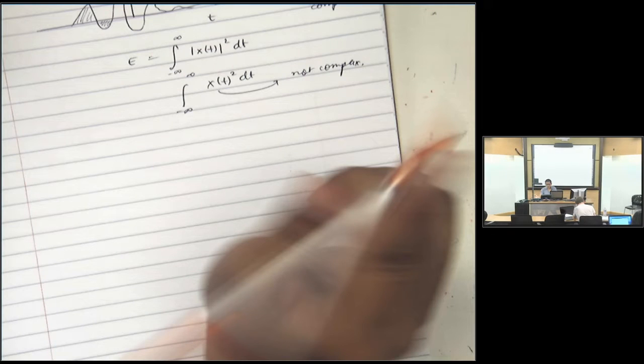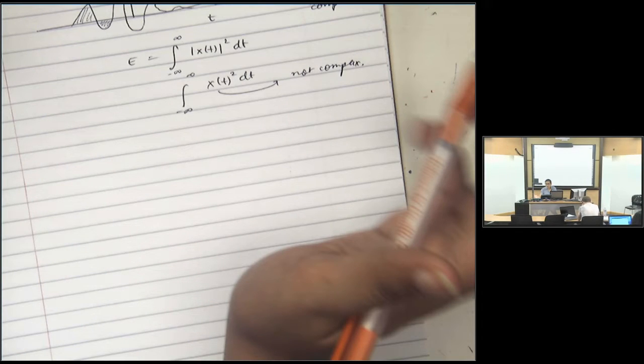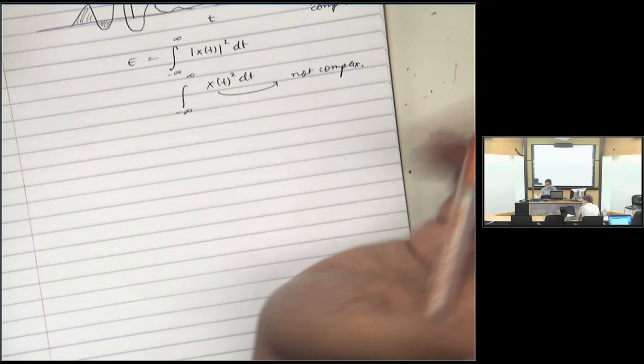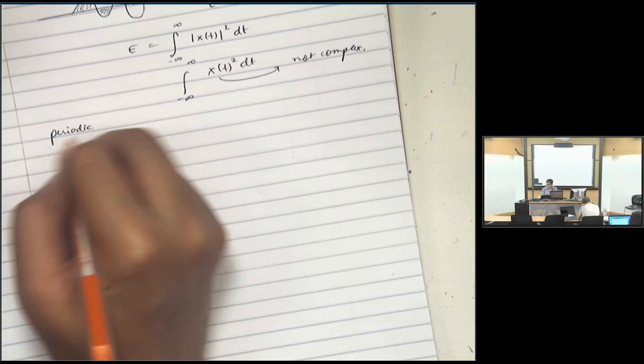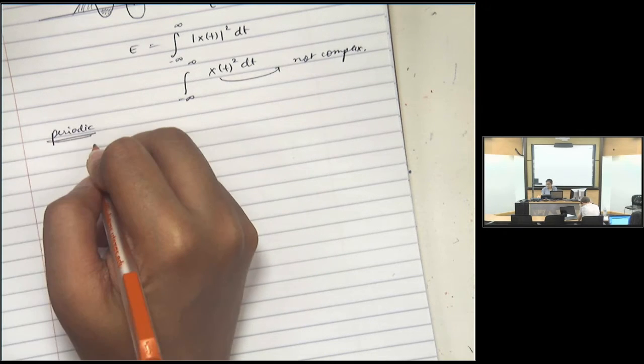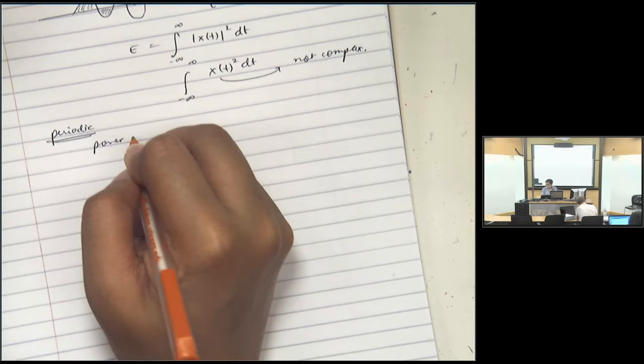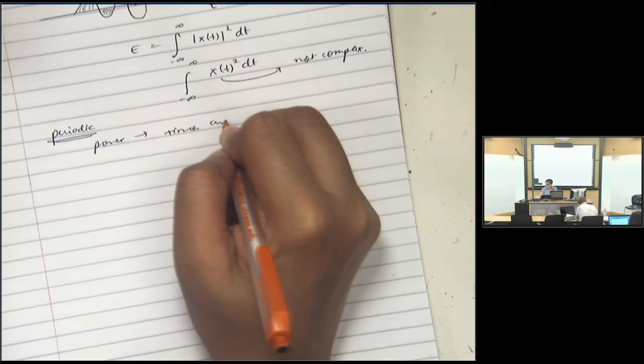Now, all of the signals that we have are not finite in time. Like a cosine is periodic and it could go on for any amount of time. So when your signal is periodic, then we can define a time average. Okay? So power is nothing but the time average of your energy.